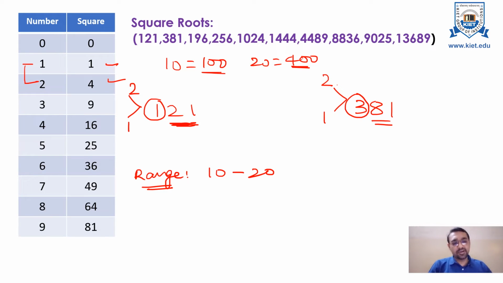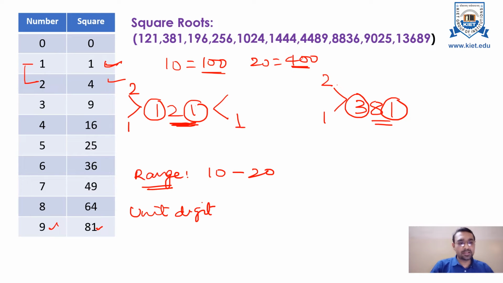Okay. Next we will try to find out the unit digit of the square root of the number. So here is the 1 and again here is the 1. If you observe carefully this table, when you square 1 or when you square 9, you will get the 1. So this one you may get by squaring either 1 or 9.